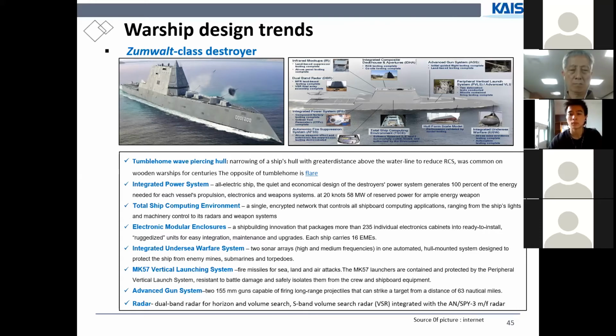Let me introduce the power systems. This ship has a fully electric power system. In normal ships most of the energy is used for propulsion, but this ship needs very high-energy weapons, so power flexibility is needed.